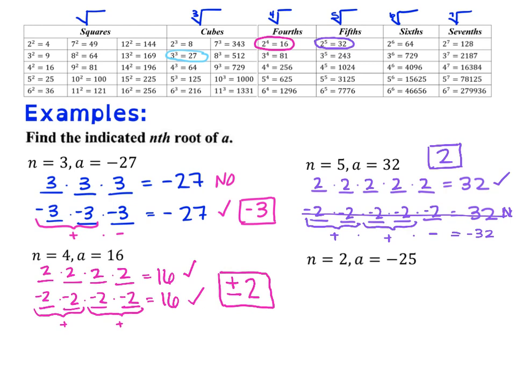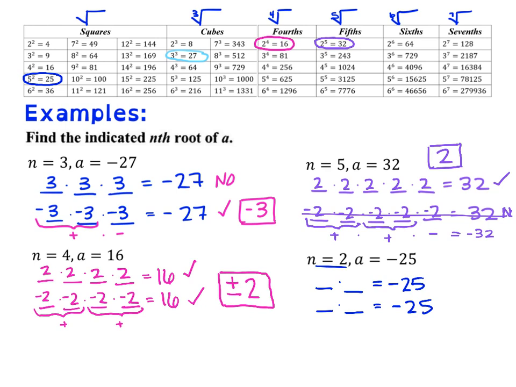Or what about the last one? n equals 2, a equals negative 25. So the second root of negative 25, or the square root of negative 25. Where does that leave me? Well, what number times itself 2 times equals negative 25? I look at my squares list, my second power, and I see 25 is 5 to the second power.